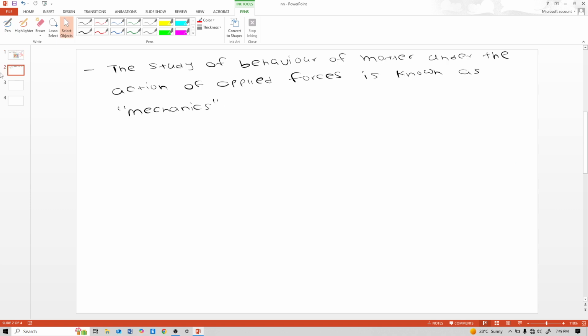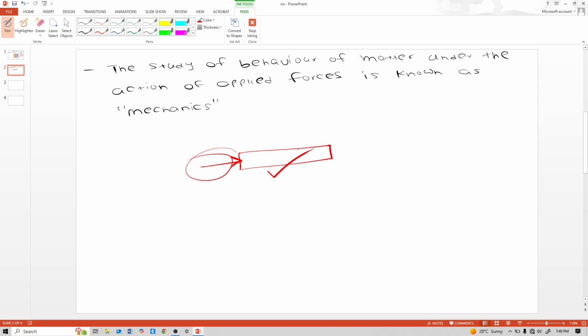Now see this bullet point. The study of behavior of matter under the action of applied forces is known as mechanics. Consider this as some material and I apply a force here. Under the action of this force, how will this material behave? That is mechanics.